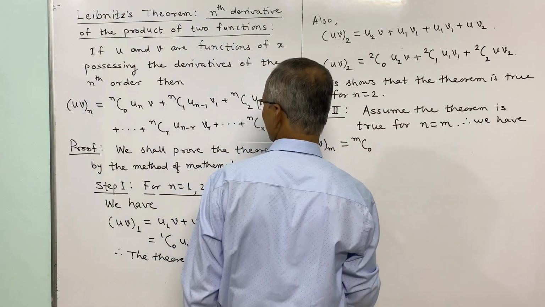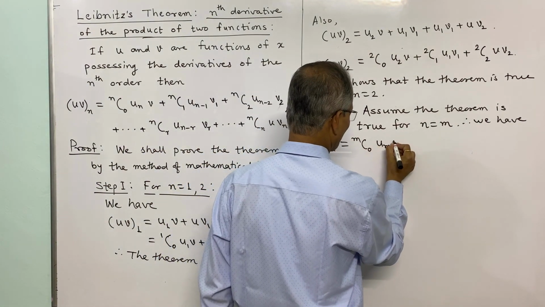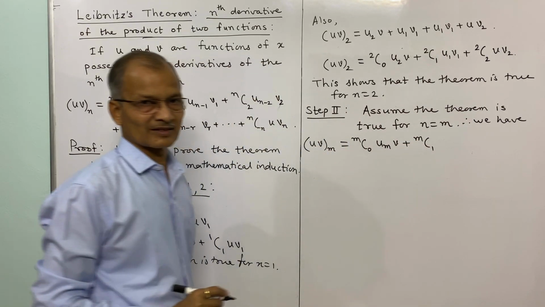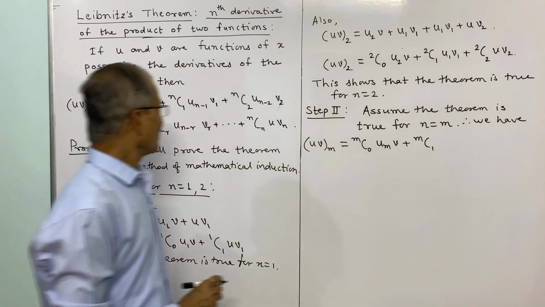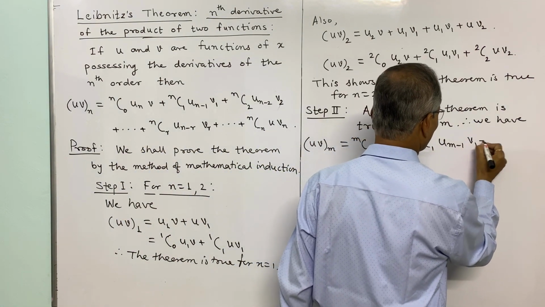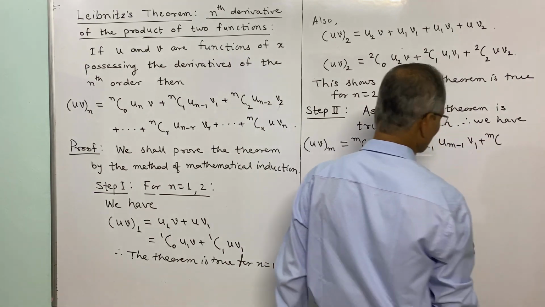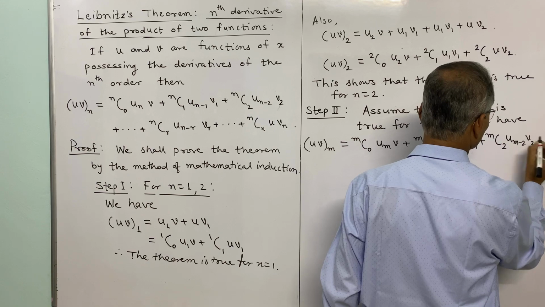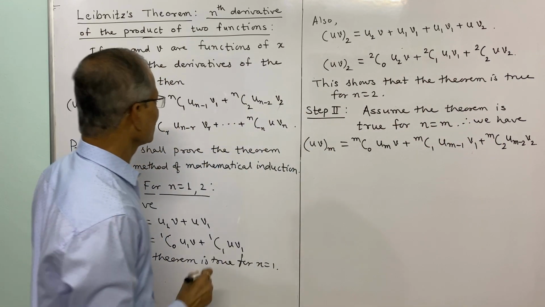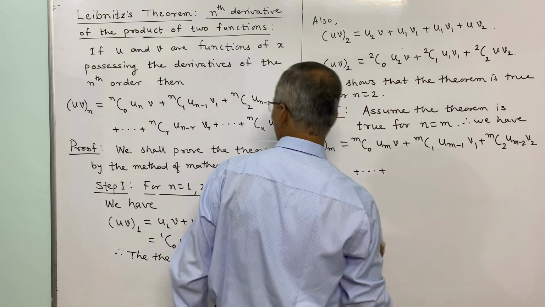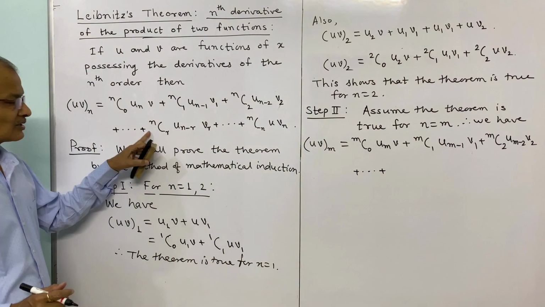m choose 0, umv, plus m choose 1, or you may read this as mc1, u m minus 1 v1, plus m choose 2, u m minus 2 v2, and so on, plus. But for this we will write a previous term to this.